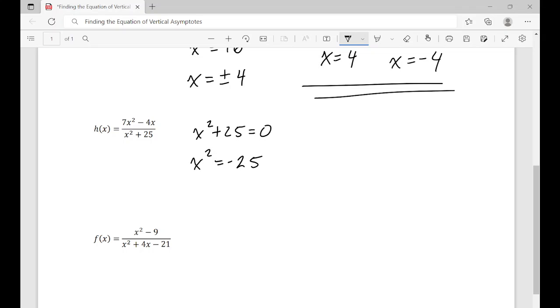Take the square root of both sides. x is going to equal plus or minus 5i because of the negative there when you take a square root. Because I have a complex number here, 5i, this has no vertical asymptote. So if you have a complex number in there, there is no vertical asymptote. We want only real numbers.